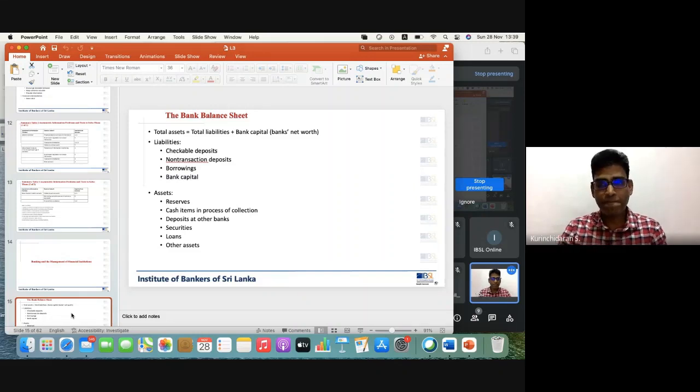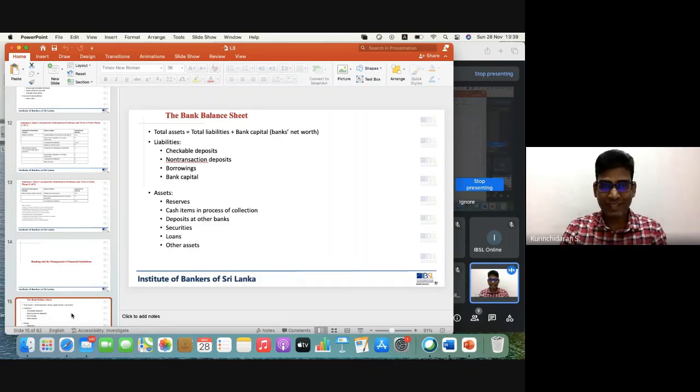Okay, now if you can see a bank balance sheet, right? In a bank balance sheet, you could see liabilities and assets. When it comes to liabilities, you could see checkable deposits, that means current accounts, and non-transaction deposits other than current account deposits, and then borrowings, bank capital. These are the key items in the liabilities.